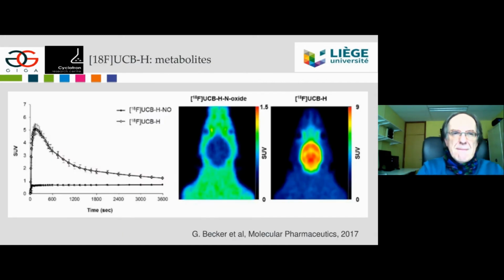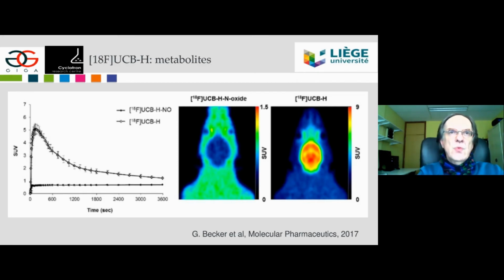After that, one of the possible problems with a radio tracer is that, as you've seen, you inject it intravenously. Certainly it's going to the brain, but it's going as well to other organs. So you may be very interested in the other organs, but when, for example, our radio tracer is going to the liver, it's metabolized.